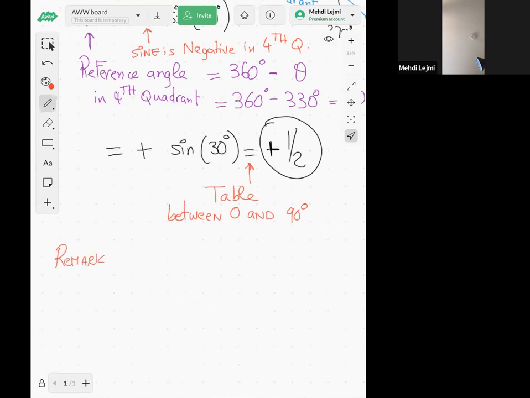So if you have sine or cosine of a positive angle, let's say sine of 45 pi over 4, which is positive, you can just move to step number 2.